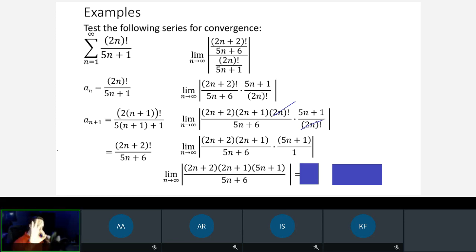A power of 3, yes. So that is a third degree polynomial in the numerator. We have 3 factors, that makes sense. So that is n to the third power. And then on the bottom, the denominator, what is the power of that n? N to the first. So I have n cubed on top, n to the first on bottom.